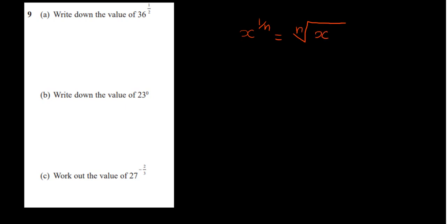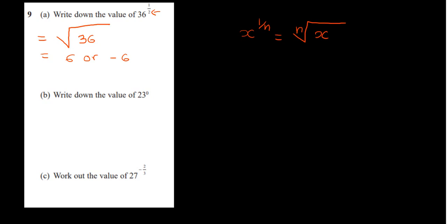So 36 to the power half is the square root of 36. Whatever the denominator of this fraction is, that's going to be the root. So if that was 3, then you would work out the cube root. And the square root of 36 is 6 or minus 6.